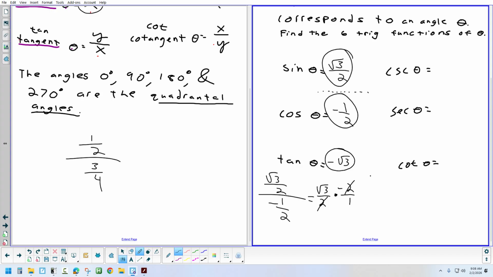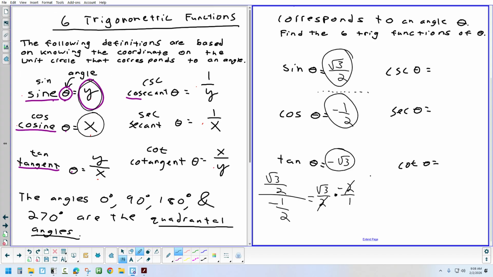Right, now once we have the 3 that are on the left, what was the pattern to get the 3 that were on the right? Just the reciprocal. All we have to do is take and flip them. Okay, so let's start with the cosecant. To get the cosecant, you got to take the sine and you flip it. So what would the cosecant be? 2 over square root of 3, because you got to flip it to put the square root of 3 on the bottom.